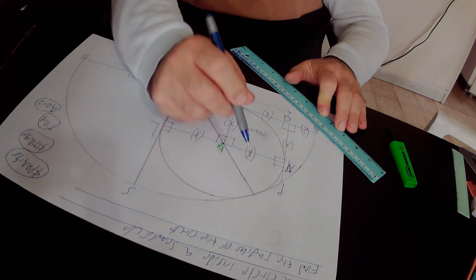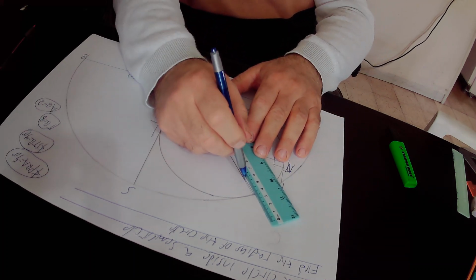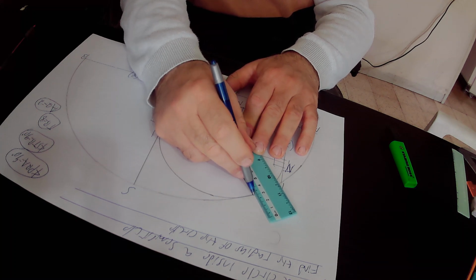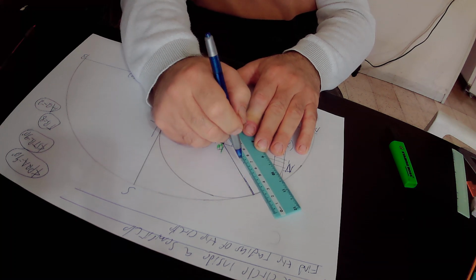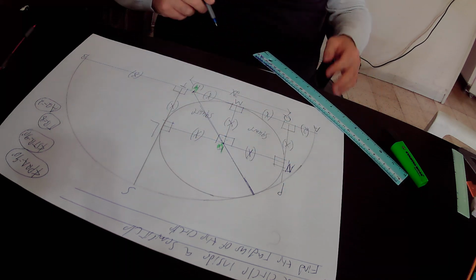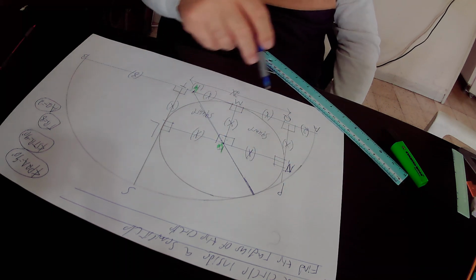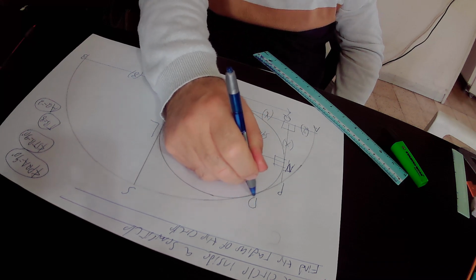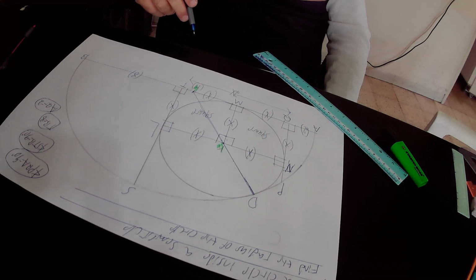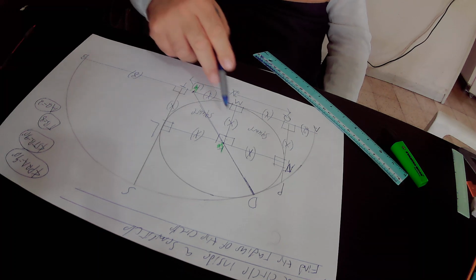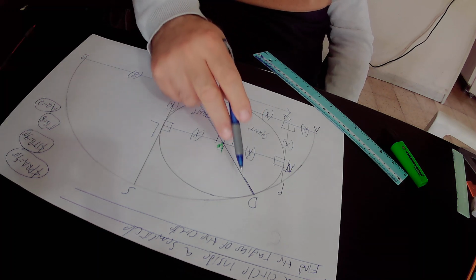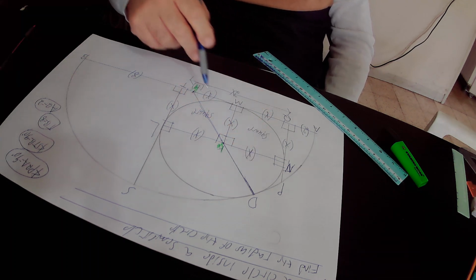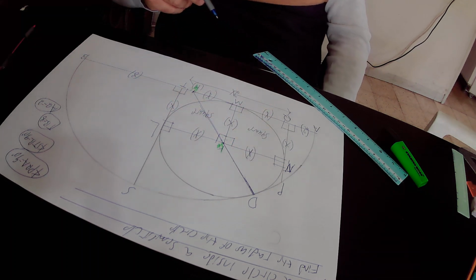We define the touching point of this small circle and the big semicircle as point D. You can see that the straight line HK passes through point D, so HKD is one straight line.